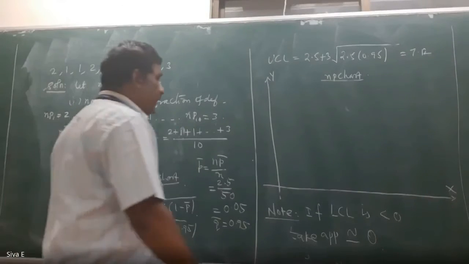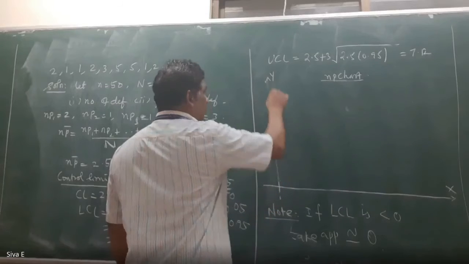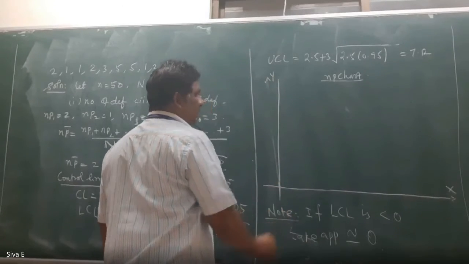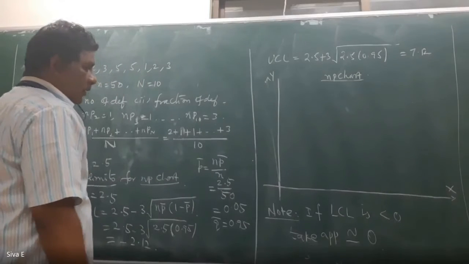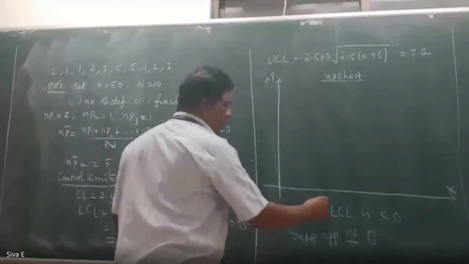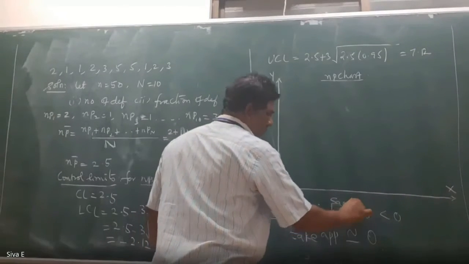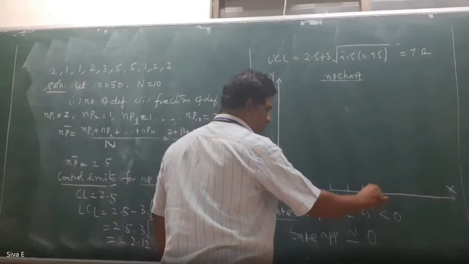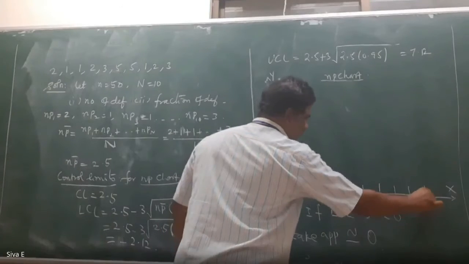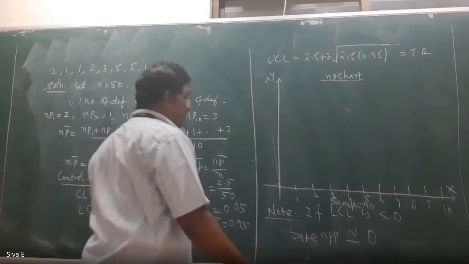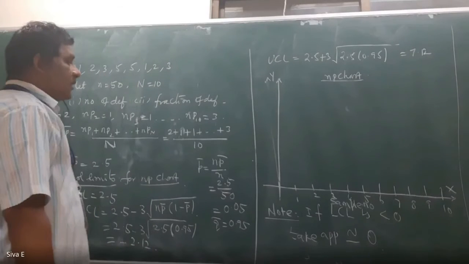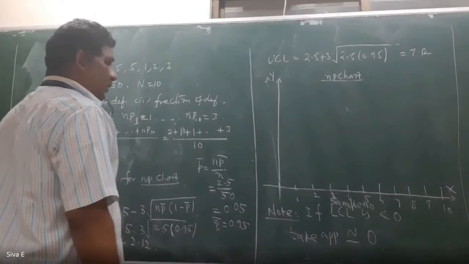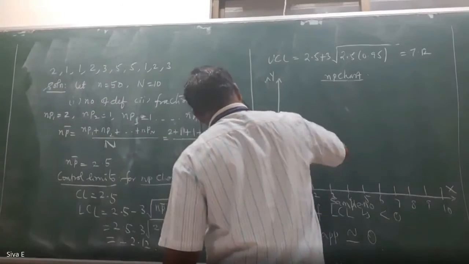What is the x-axis here? In general, in the control chart, what is the x-axis? What is the y-axis? Sample number is the x-axis: 1, 2, 3, 4, 5, 6, 7, up to 10. Then the y-axis is the number of defectives.